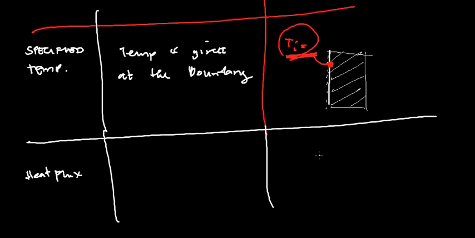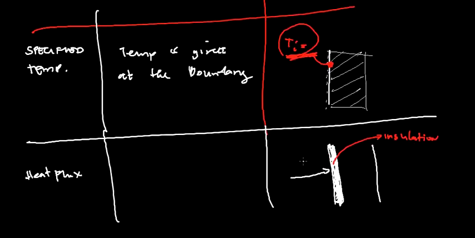Say it is specified that at the boundary, this is your wall again, you have a perfectly insulated material. You have your insulation here. Therefore, for the heat flux given at the boundary, if there is a perfect insulation, the heat at the boundary will be zero.